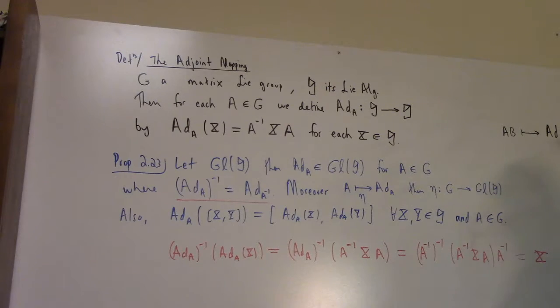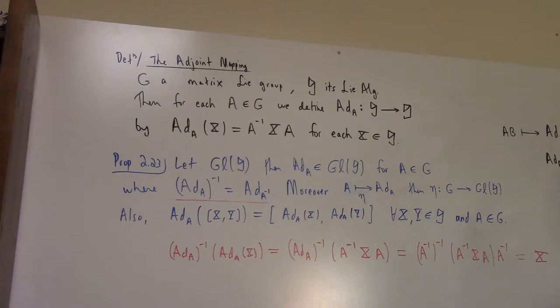But if you look at the adjoint of AB acting on X, of course, that's AB inverse X AB, which is, socks and shoes, B inverse A inverse X AB, which looks like to me the adjoint of B of the adjoint of A acting on X. Huh.